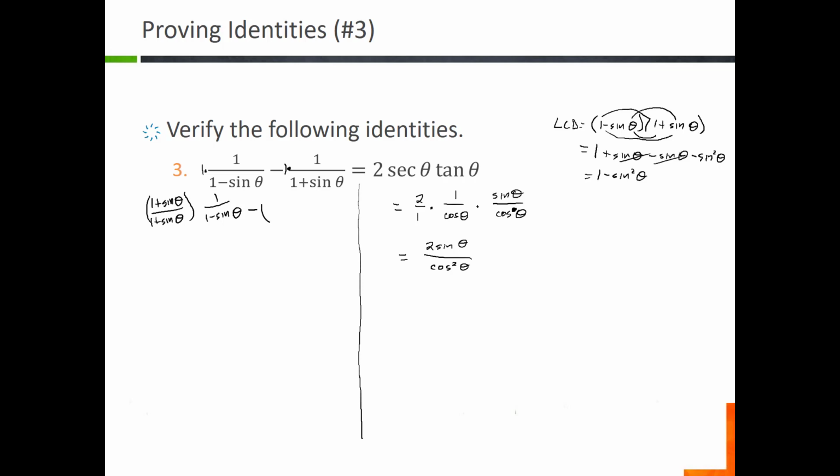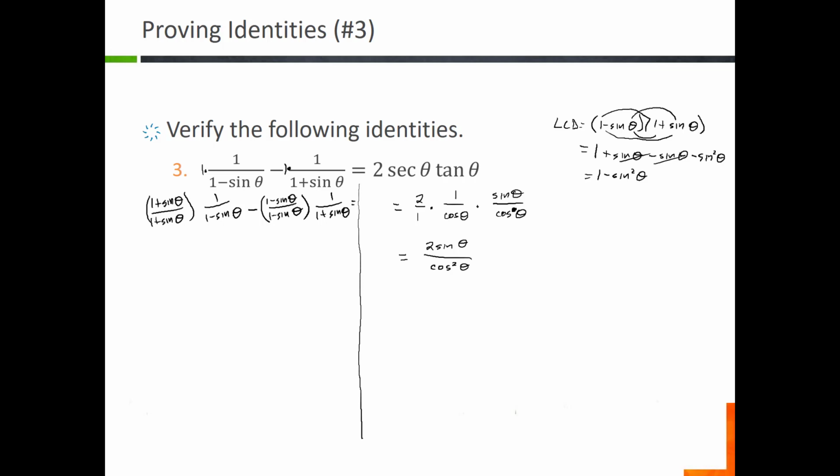Minus, for the second fraction, since it's 1 plus sine theta, I'm going to do the opposite: 1 minus sine theta over 1 minus sine theta times the 1 over 1 plus sine theta.